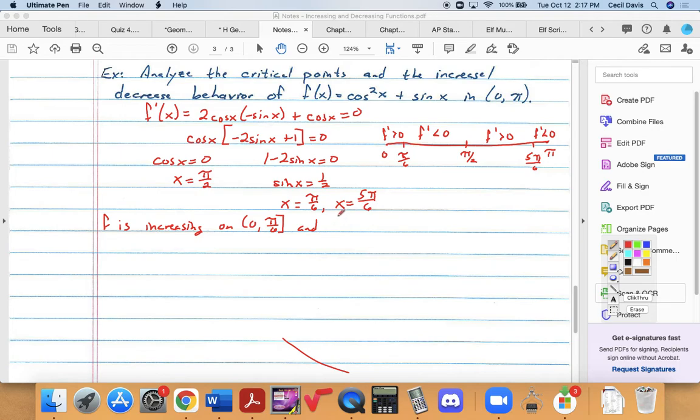And then again on the closed interval from pi over 2 to 5 pi over 6. f is decreasing on the closed interval from pi over 6 to pi over 2, and on the half-closed interval from 5 pi over 6 to pi.